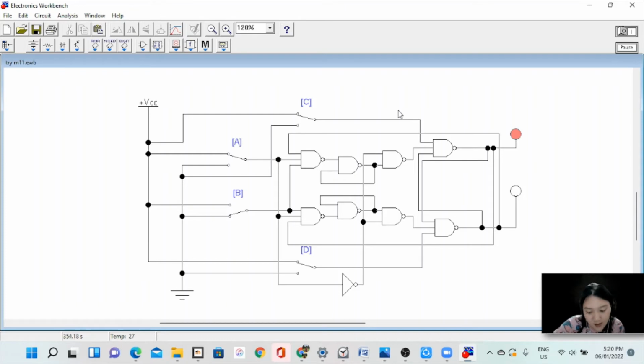So we can see that the toggle, D and C are all connected to the VCC, except for the switch B or our clock. Let's see what happens to the output if we turn the clock on alternately every time we switch the clock from high to low. So what will happen? As we notice, nothing is happening if we switch the clock or the switch B from 0 to 1 or from high to low.